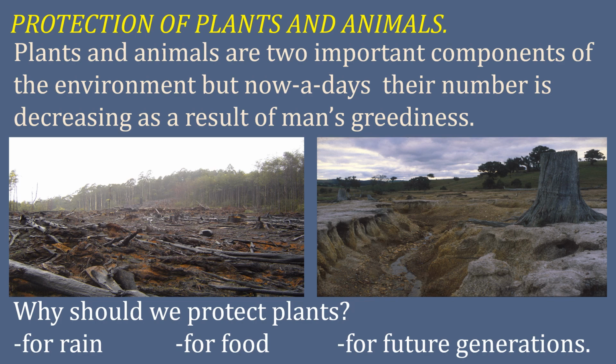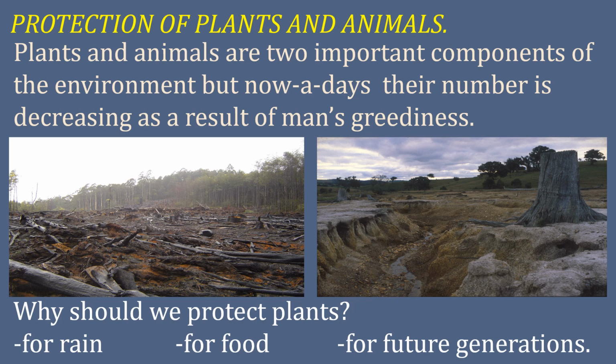How will it be? In the past slides, you have learnt that the plant's roots hold the soil firmly, isn't it? If there are no trees, how will the roots hold the soil? It can't hold, the soil becomes loose and it will fly away in the breeze.